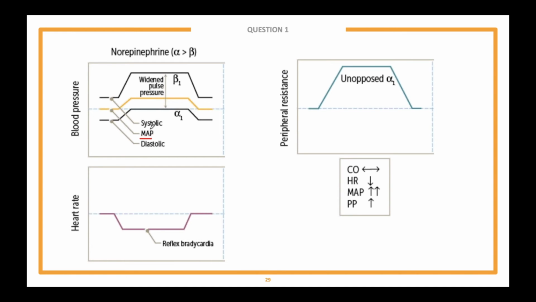And as a result, on the bottom diagram, you can see that you get a reflex bradycardia, so a decrease in heart rate, okay? Now, when it comes to peripheral resistance, we know that mainly has to do with alpha receptors. So we can see there that that alpha-1 effect is going to predominate and lead to an increase in peripheral resistance, and thus also blood pressure.